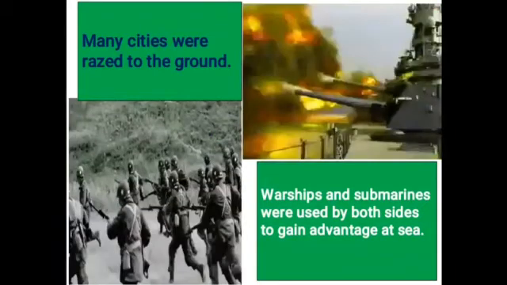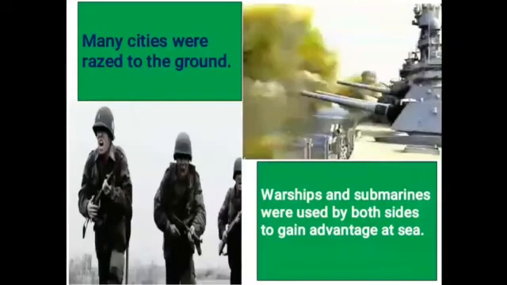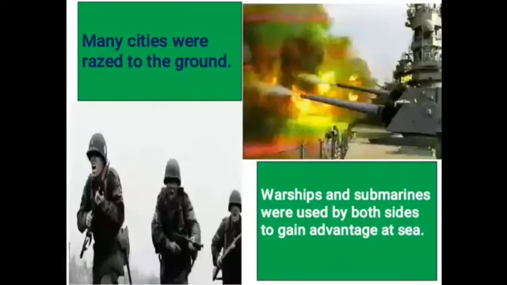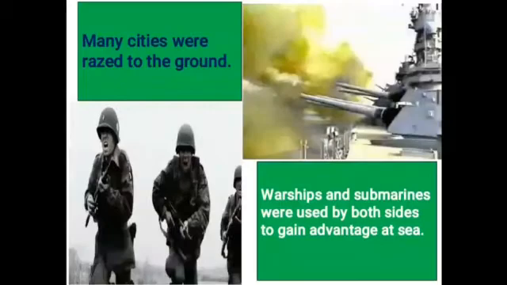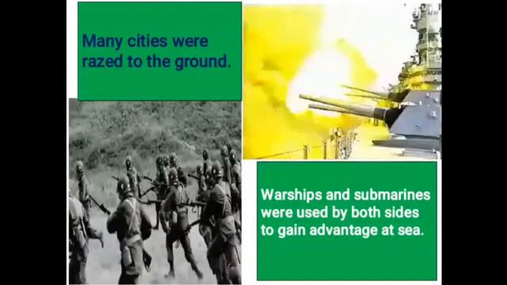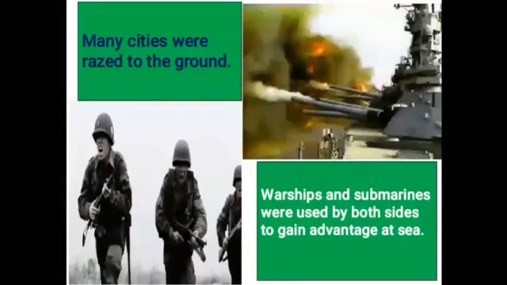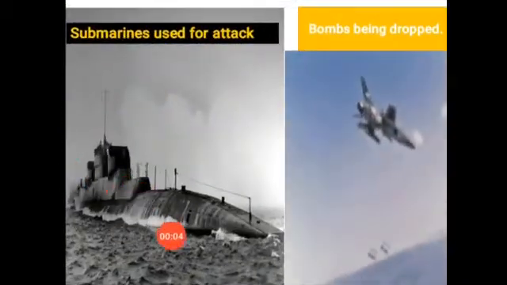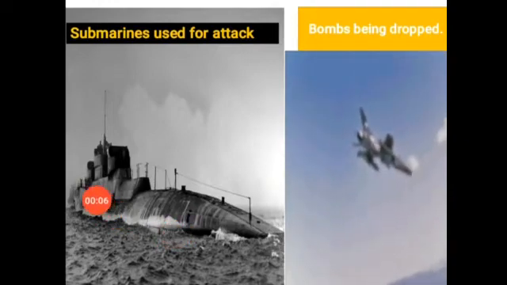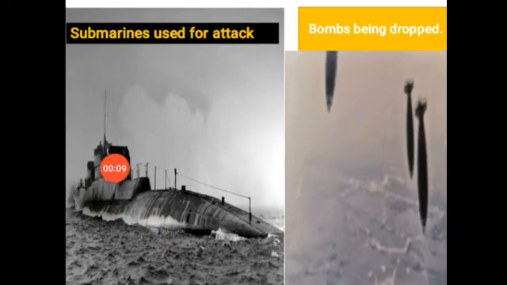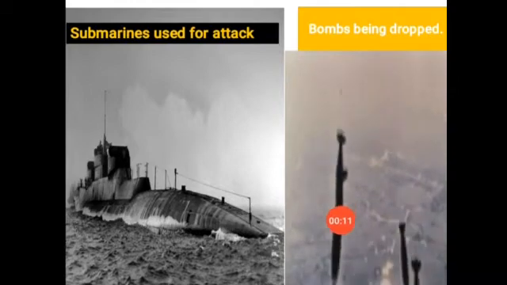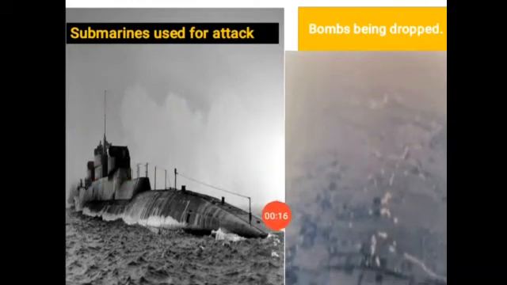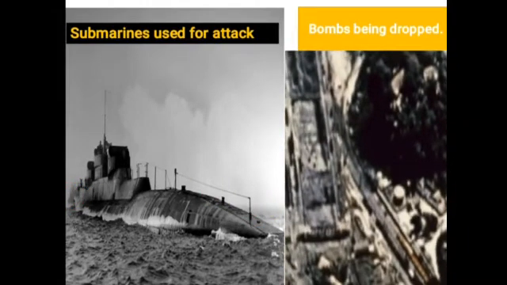Many countries attacked their opponent through the seas, and there they used warships and submarines. Here we can see this is a submarine, and here you can see a fighter plane is dropping bombs over a city.